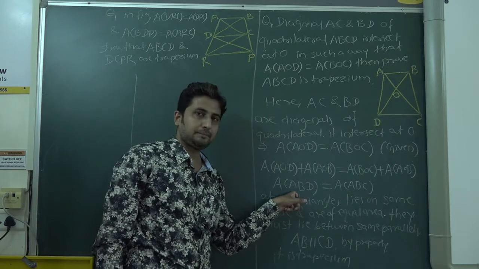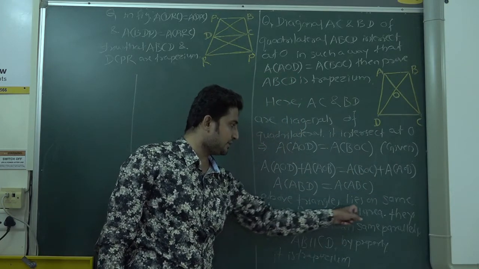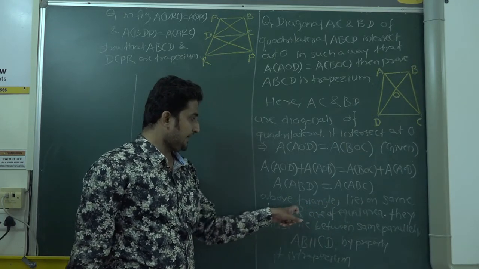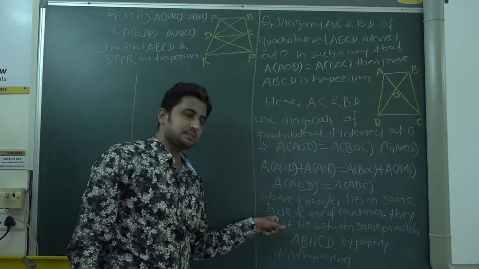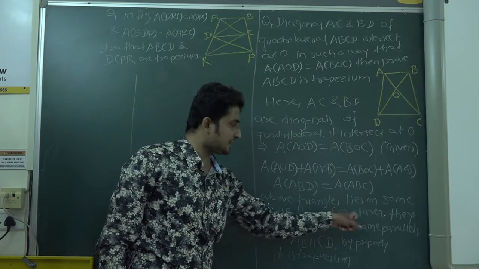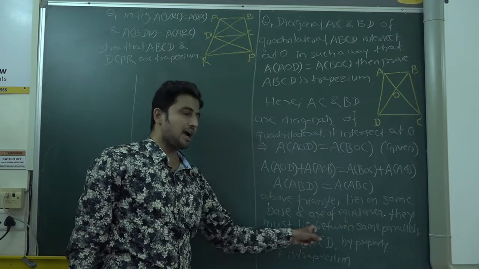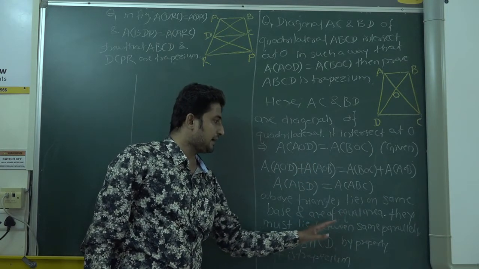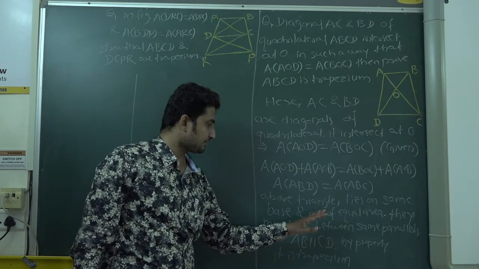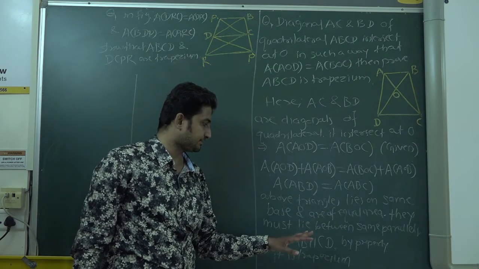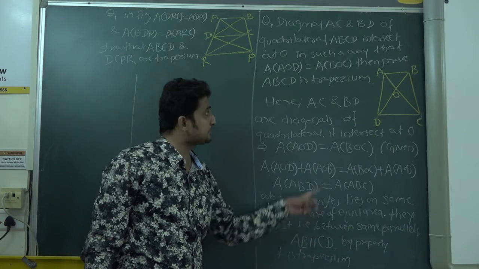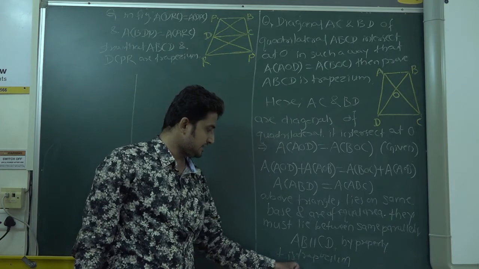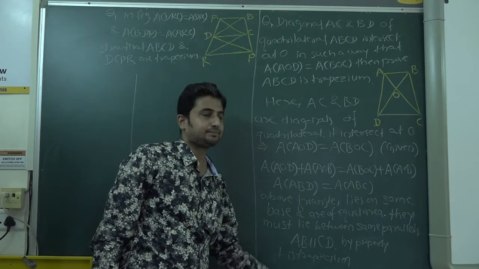This is one of the important properties, that if triangles lie on the same base and their areas are equal, then they must lie between the same parallels. So AB is parallel to CD, and hence by property we can say that it is a trapezium.